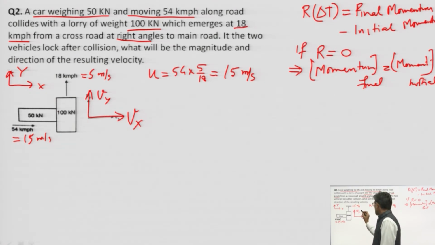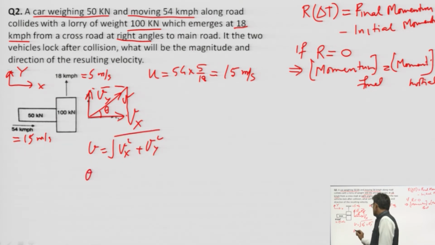And what will be the final velocity component? Final velocity will be this, say this angle is theta. So, what will be the value of v? Value of v will be under root of v x square plus v y square.